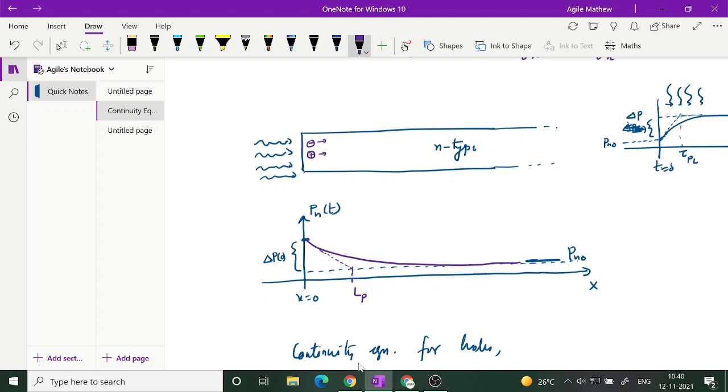After a few Lp, this is 2 Lp, then 3 Lp, by roughly 3 Lp it almost reaches the steady state value, which is Pn0, far away from equilibrium. So this is Pn0 plus Pn of 0 minus Pn0 times e raised to minus x by Lp. This quantity is nothing but our delta P of 0, which I have drawn here. So this is how the concentration will vary with respect to position.